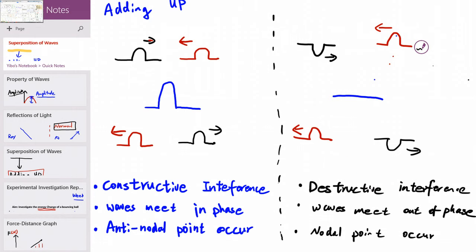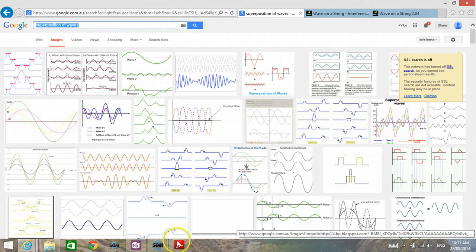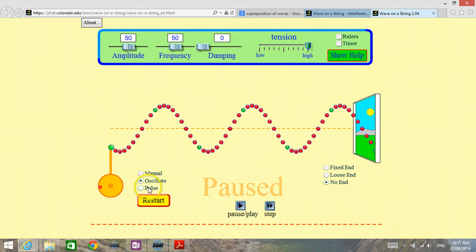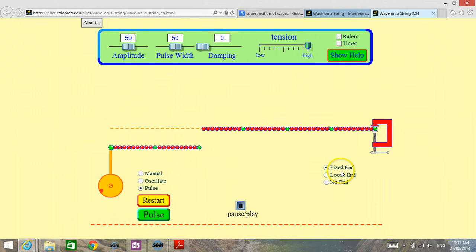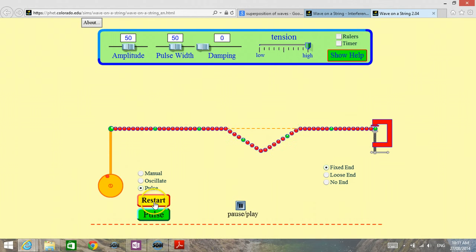I will show you what it means with the simulation here. Imagine I have something like this. Let's restart it. Now, when I give a pulse, the wave reflects.